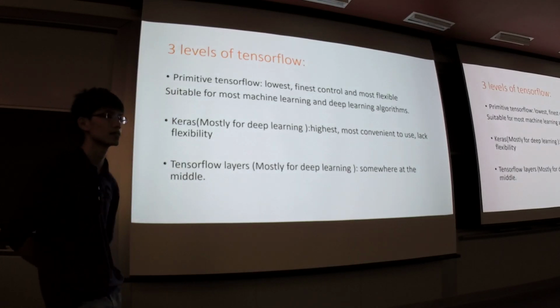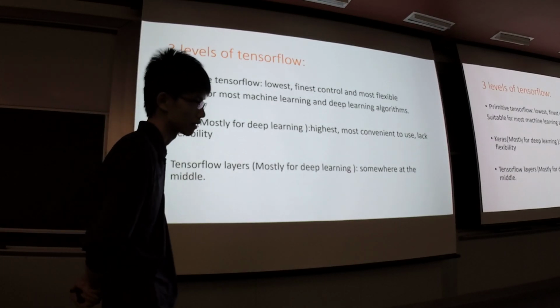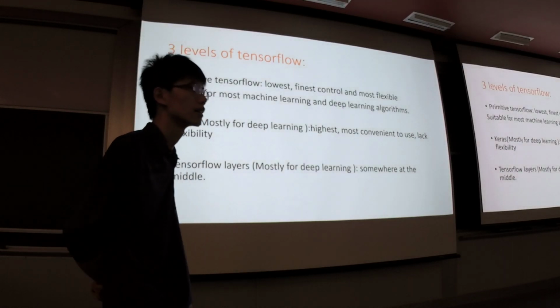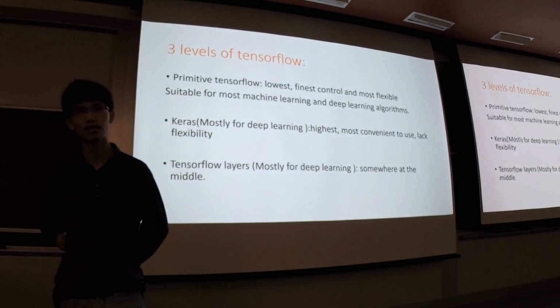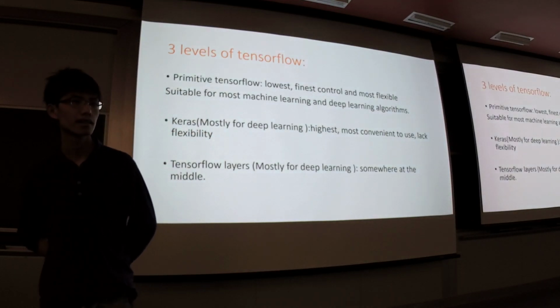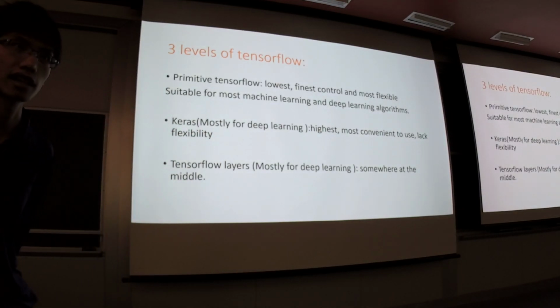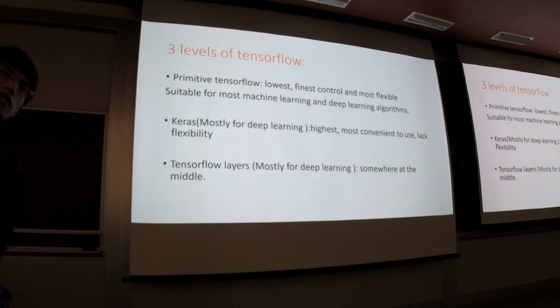If you can just apply some neural network architecture to your data set and get some results and analyze those results, it will be a very good project. You are not required to propose something new. It's really difficult.